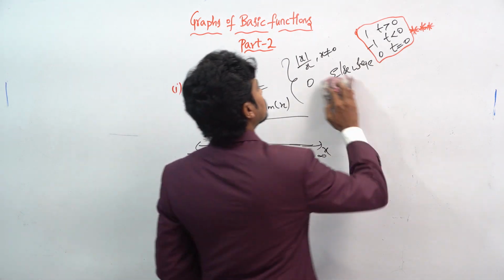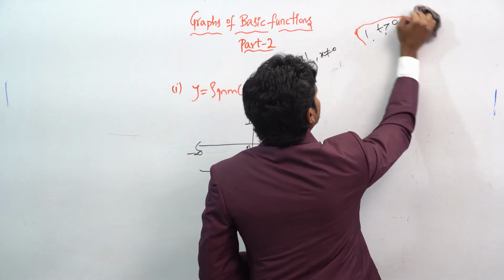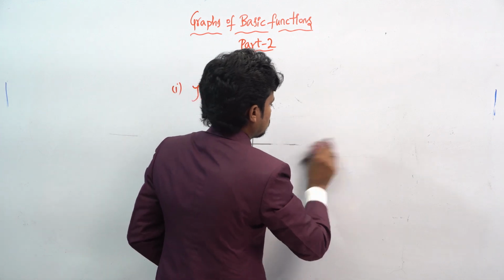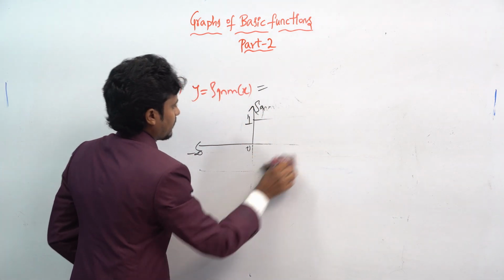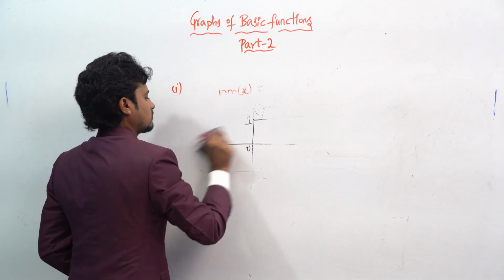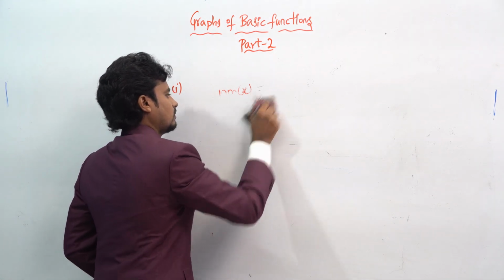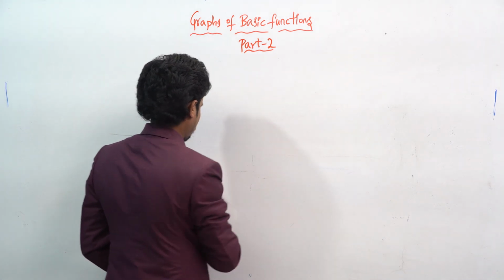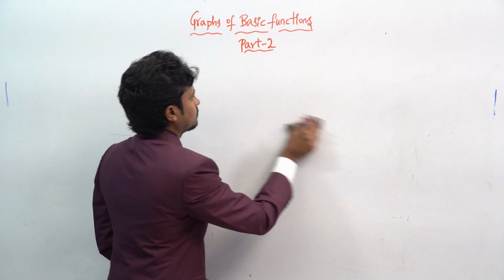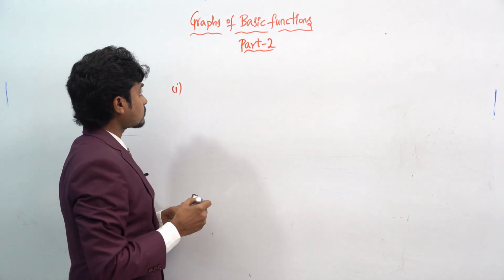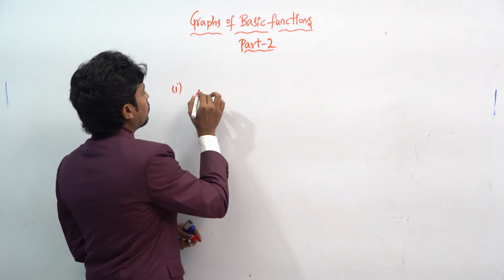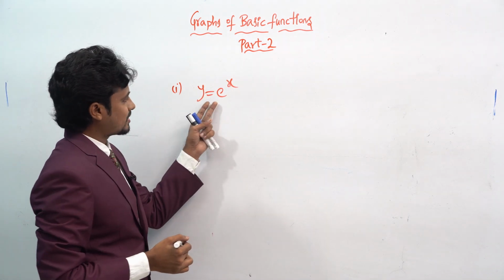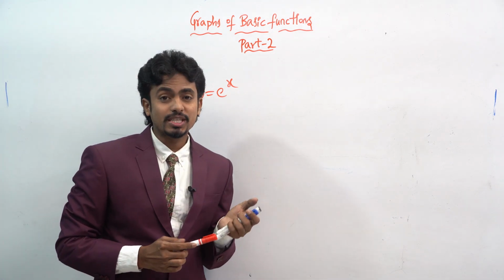The important plot is the exponential. If you want to draw for y is equal to e power x, generally this e power x is also said to be the exponentially increasing function.